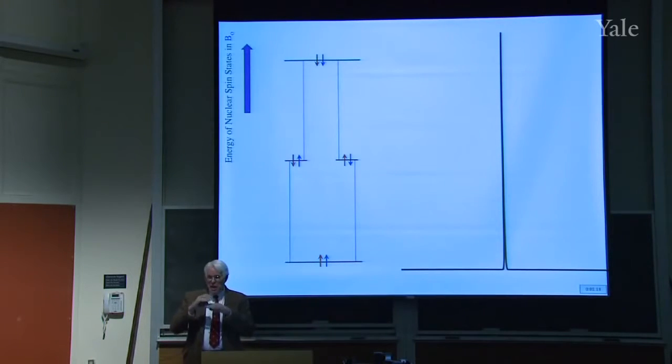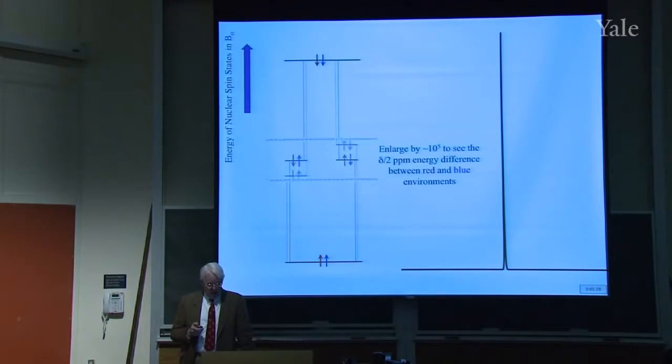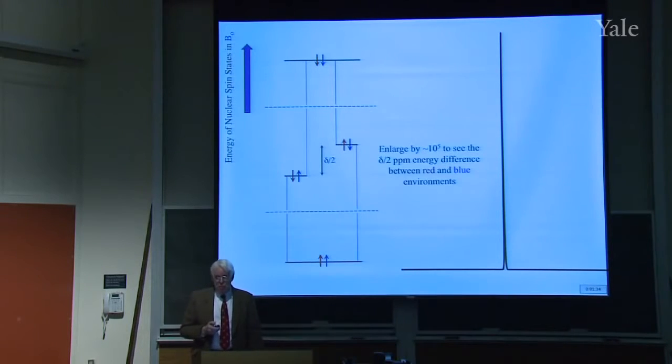But if we home in and magnify things so we can see small differences, so enlarge this center portion by a factor of 10 to the 5th, so we can see the difference that's just a part per million in the difference between the environment of the blue and the environment of the red proton. Then as we expand it, we see that they're not quite the same. It's harder to flip the blue proton than it is to flip the red proton.